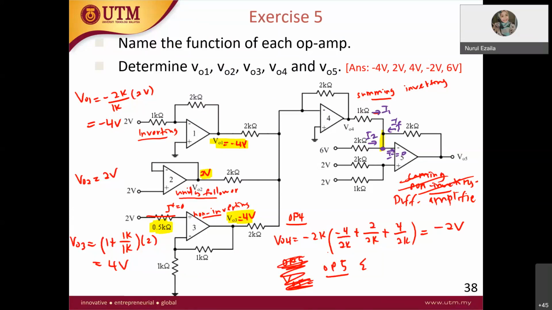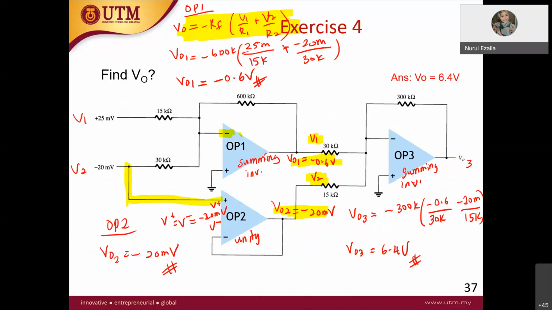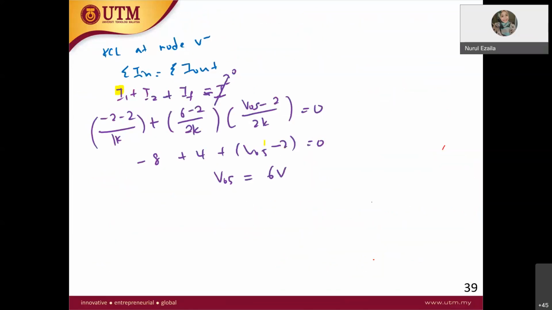Oh, okay. So you solve this node. I didn't show it here. You solve this node and you will get V plus equal to minus 2. And V plus is equal to V minus, right? So solve V plus, and you will get minus 2.